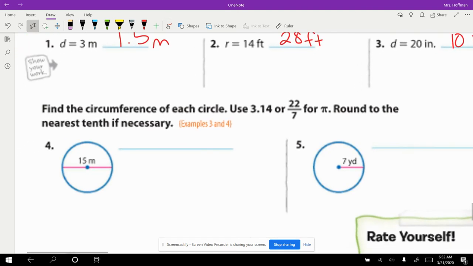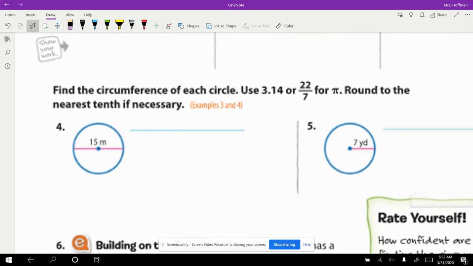Let's keep moving. Find the circumference of each circle. Okay, diameter is given this time, so that means we need to use C equals pi d. Plug in our numbers. You can either use pi as a decimal, or we can use our fraction.